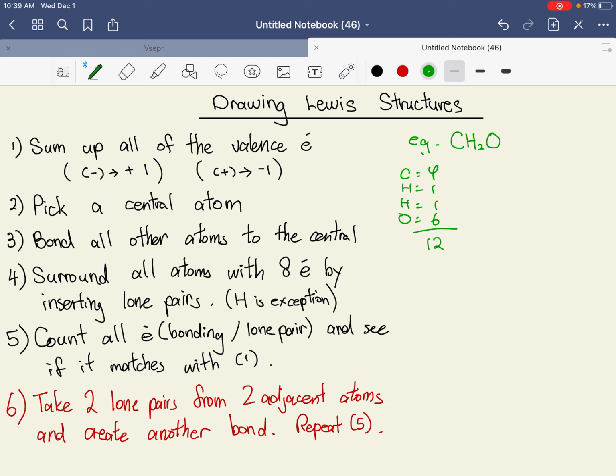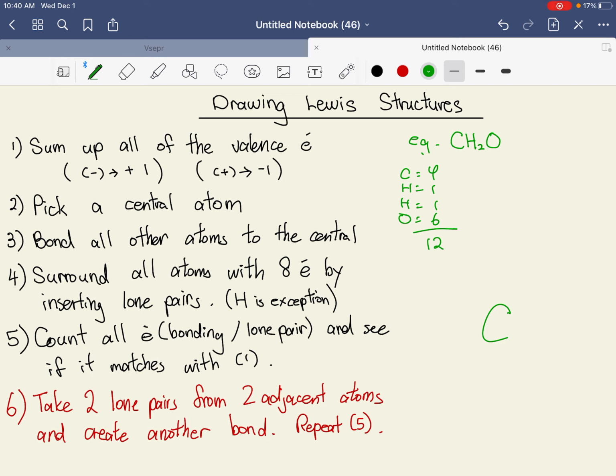But again, later on, we are going to learn about formal charge. And formal charge will kind of explain if you have the right central atom or if your structure looks legit. I don't know. We'll see. So let's pick carbon. That's a nice one.